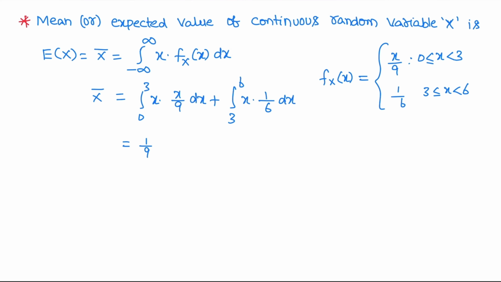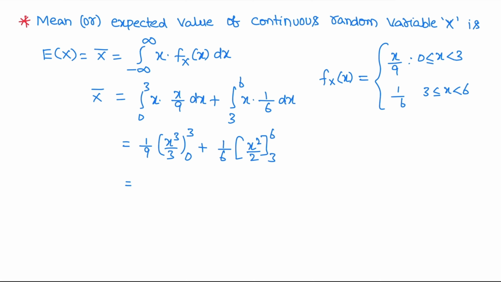That is 1 by 9 integral of x square, which is x cube by 3, limits 0 to 3, plus 1 by 6 integral of x, which is x square by 2, limits 3 to 6.